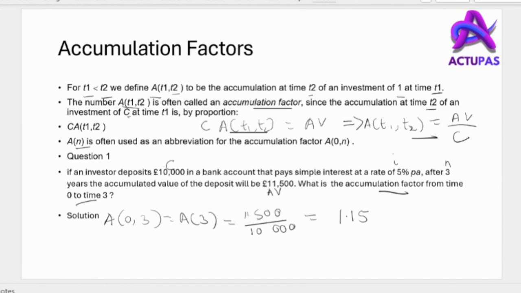So the accumulation factor is 1.15. Then, as a check, we know that with simple interest, the accumulated value is equal to C times 1 plus IN, and we know C is 10,000, times 1 plus NI, which is 3 times 5%.